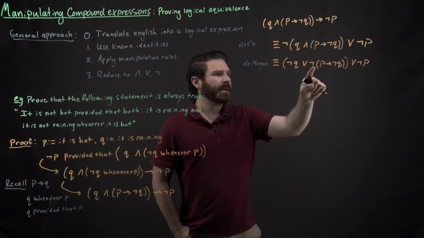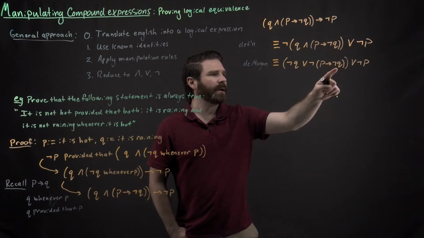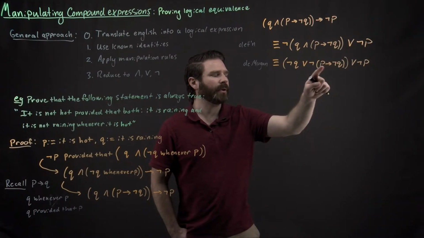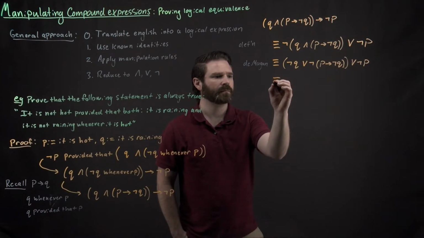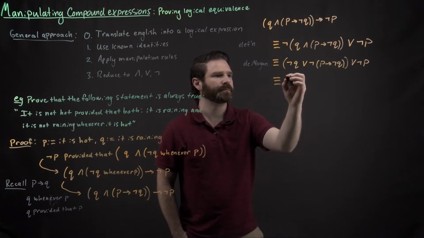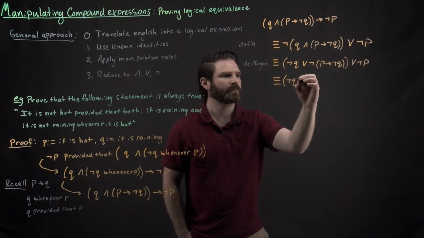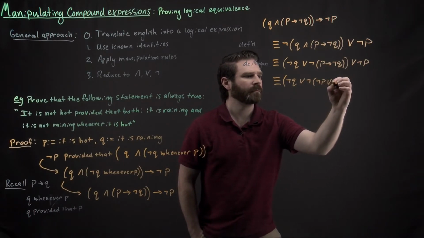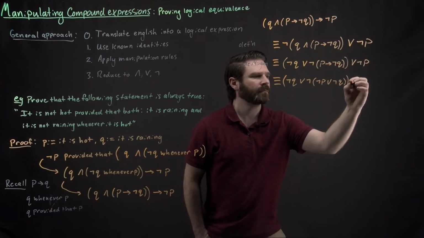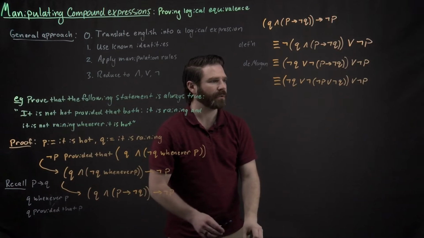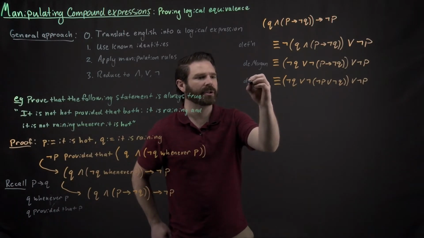And I would like to be able to use De Morgan's law again right here, but this is an implication. So again, I'm going to have to, by definition, rewrite this as its definition. It's going to become, and here, once again, I used the definition of implication.